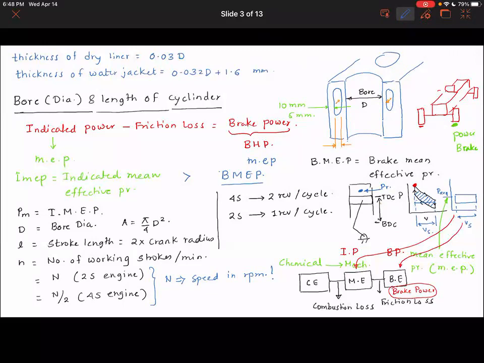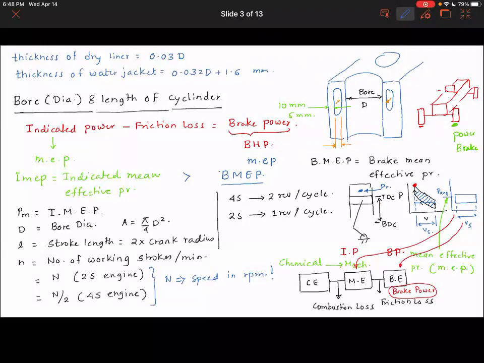Not only that, you will also notice that the engine would start vibrating. Most likely, if you have an ECU or an automotive engine, your check engine light will come on. Not only will it come on, but it will start blinking, because this is the condition where you need to stop the engine, because that will create severe damage to the engine.